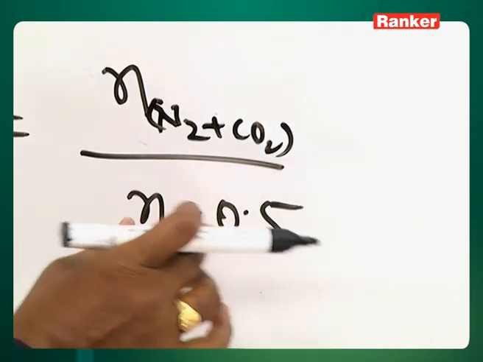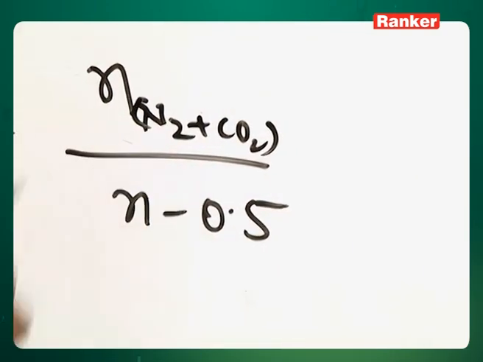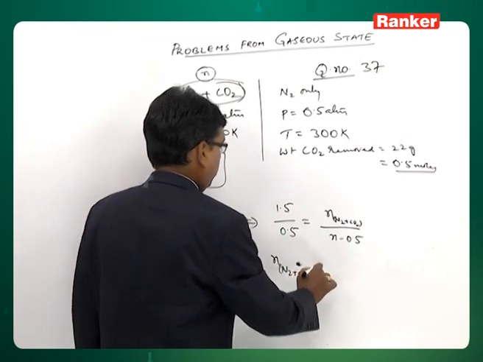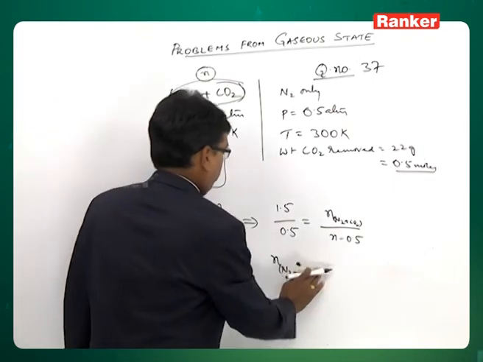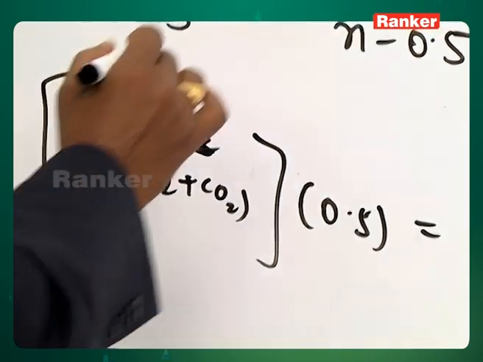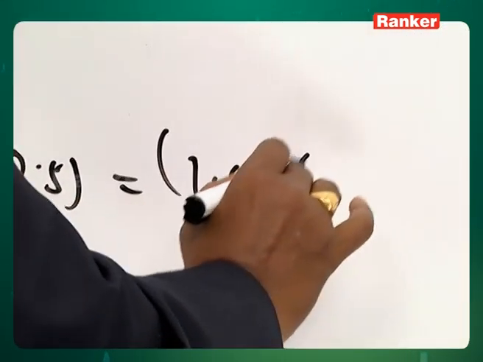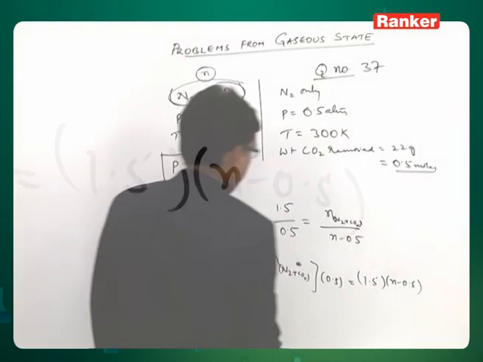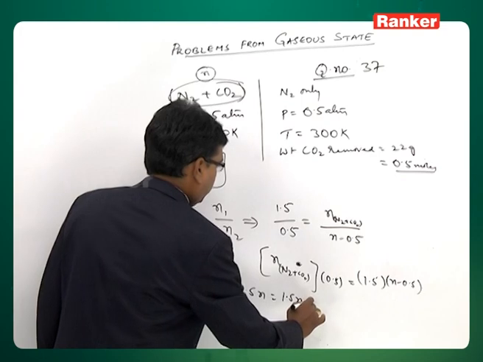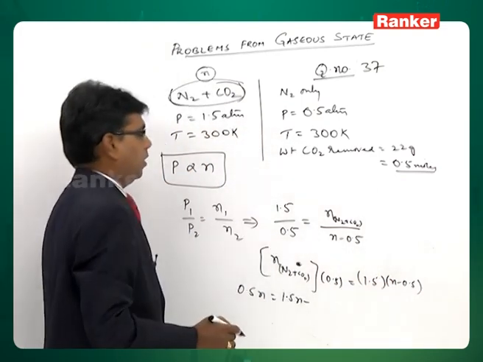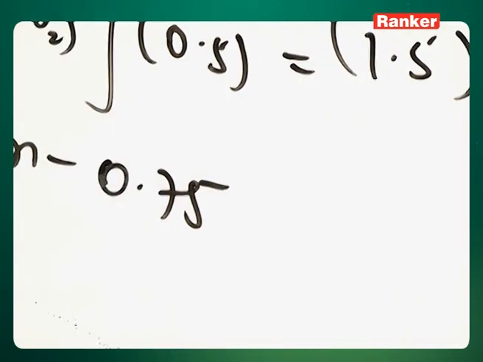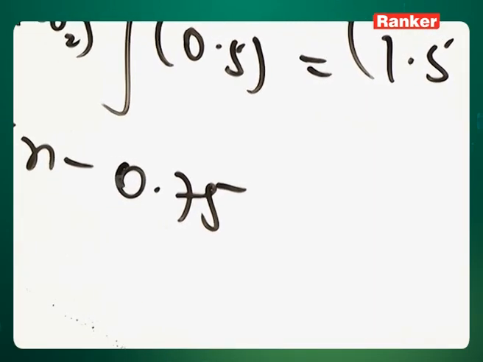So, this is the N. From this what you will get is N2 plus CO2 into 0.5 is equal to 1.5 into N minus 0.5. So, this 0.5 N is equal to 1.5 N minus 1.5 into 0.5, that is 0.75.